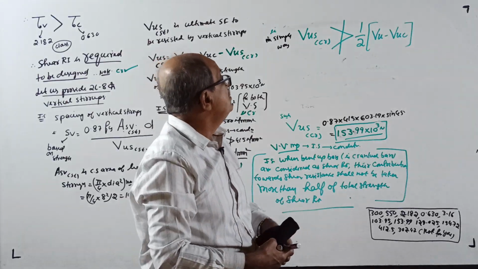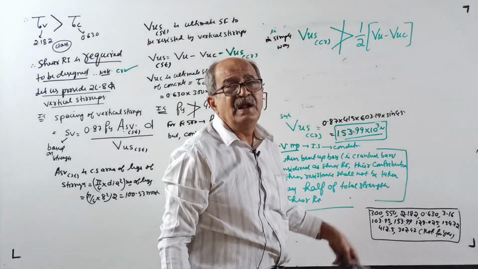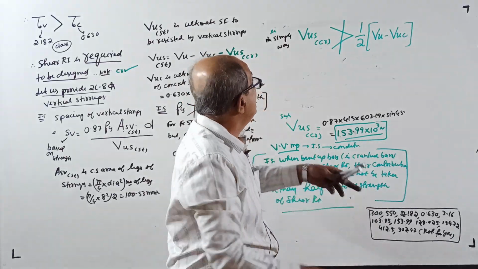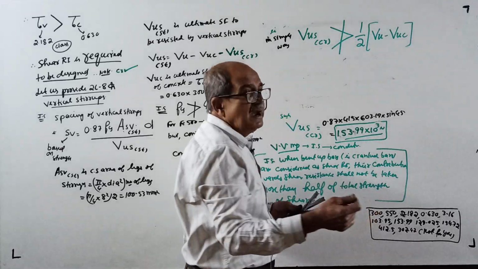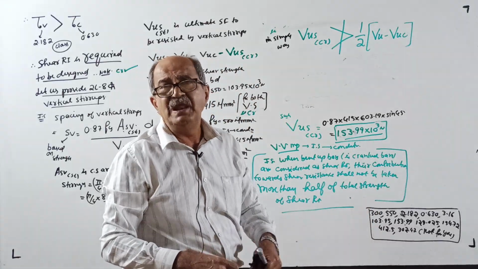Subtract, you get the extra strength required. The cranked bar should not be taken more than half. This I already explained there, including money matter I told. So you should see once again; second time I can't tell the same money matter.